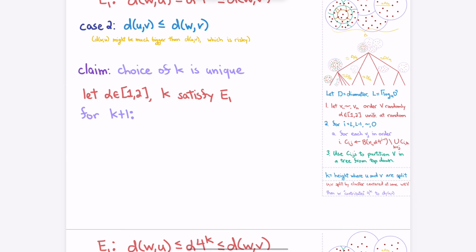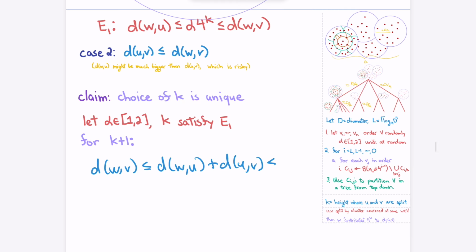So, okay, let me just do it efficiently. I think this will be exactly what you suggested. If we go one level up, so a slightly bigger radius, then we'll have something like dWV, which is at most dWU plus dUV, which is less than 4 to the K. Okay, so we know that this thing is at most 2 times 4 to the K. I think this is exactly what you said.